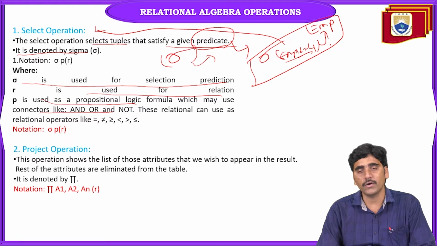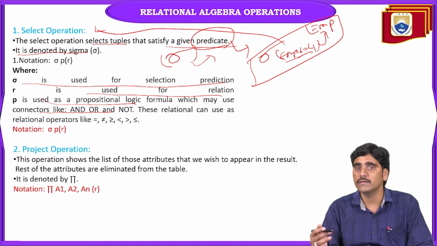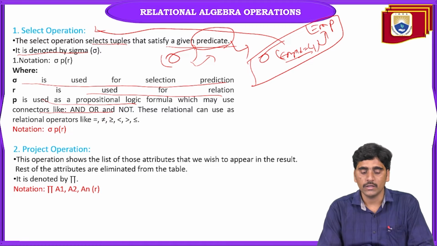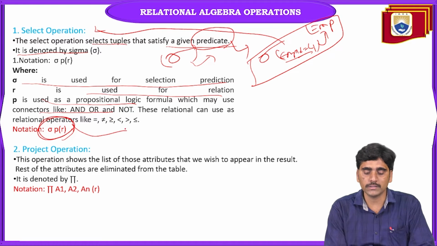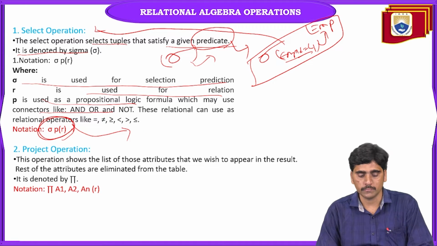You can simply write employee ID equals to 4, or employee name equals to something. But if you want to use these operators, you can write employee ID equals to 4 and employee name equals to something. For that purpose only, you can use these and, or, not operators. This is the syntax, or the operator symbol, for retrieving the values of the table with the help of the selection operator.